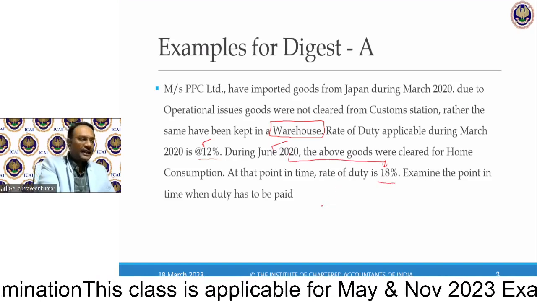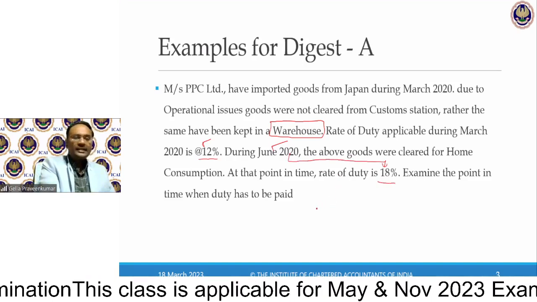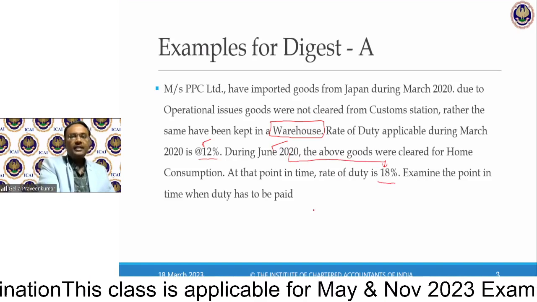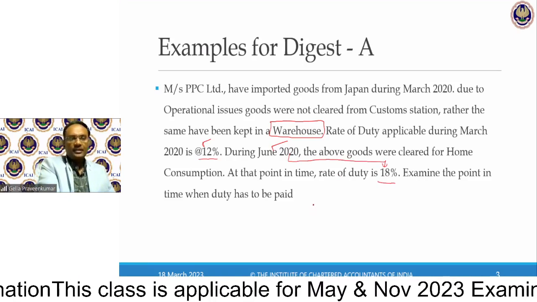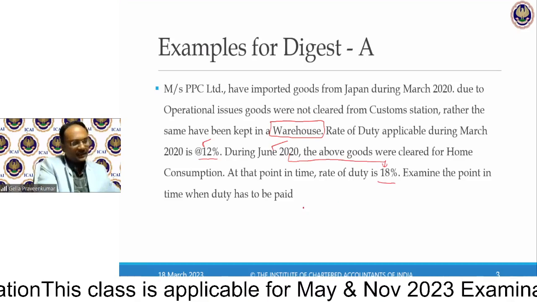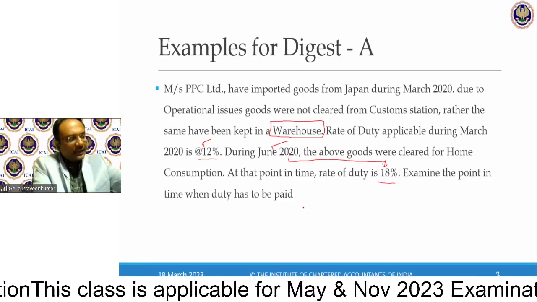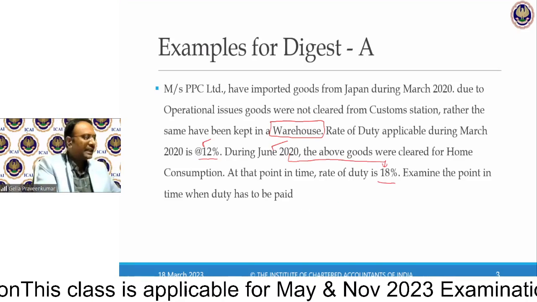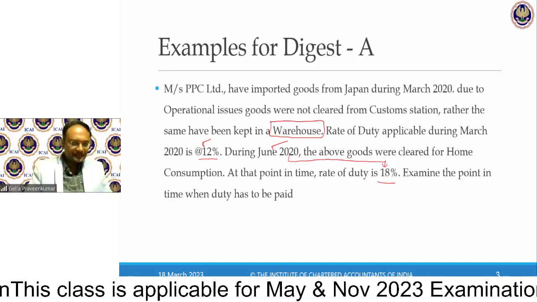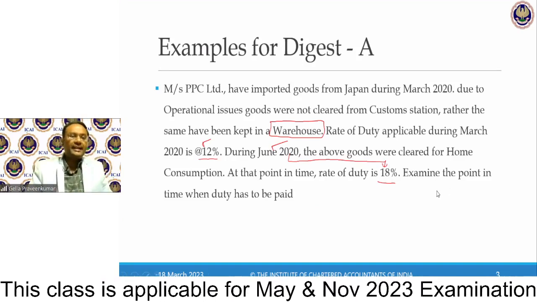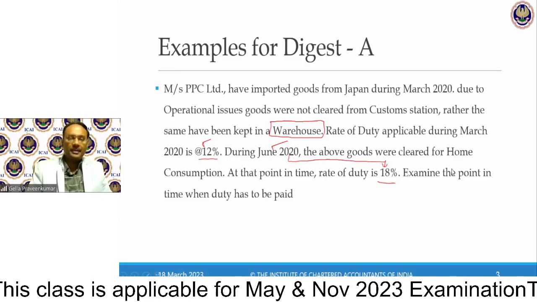So in this process, they've asked us to examine what is the rate applicable for the duty to be payable. So is it 12%? Is it 18%? So today's topic, by the end of our 3 hours discussion, you will get an answer for this particular provision. How do we examine the date relevant for payment of customs duty?